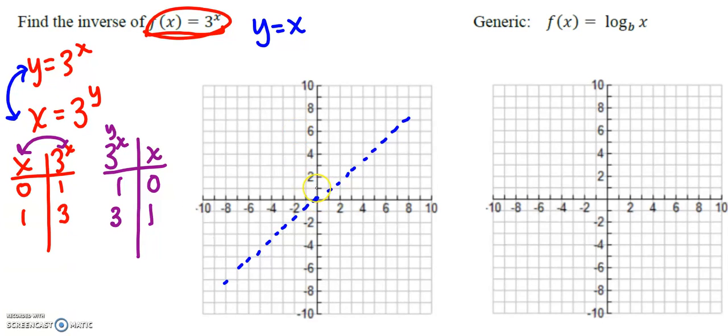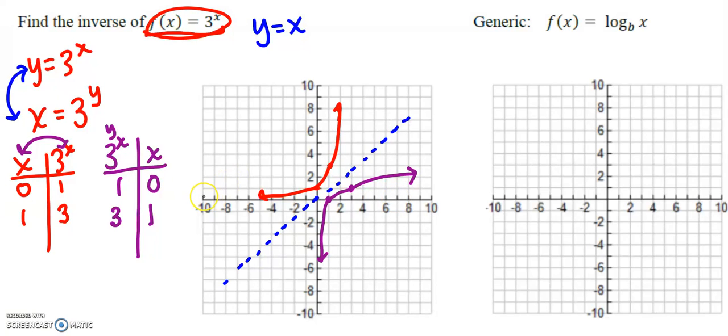So here's my red graph. This is something we looked at in a previous video. We had that nice exponential curve. So then when I go ahead and plot the purple graph, I'm going to go with the point 1, 0 and the point 3, 1. And I know that I've got to mirror this in the same way.